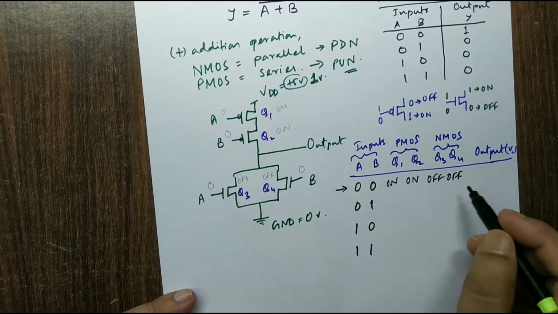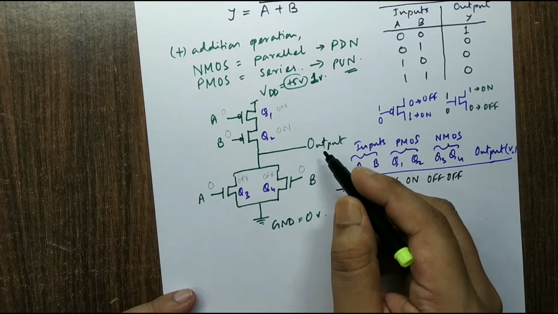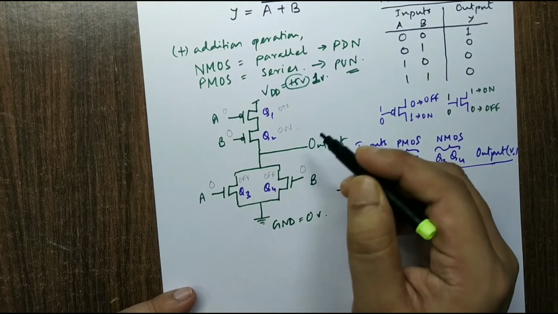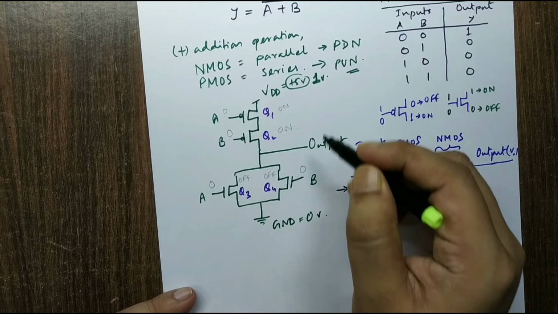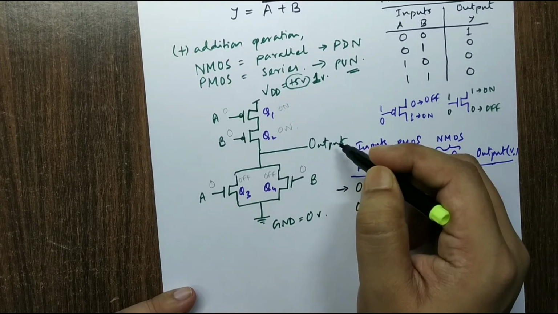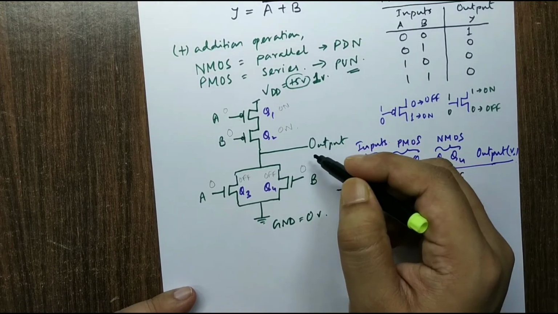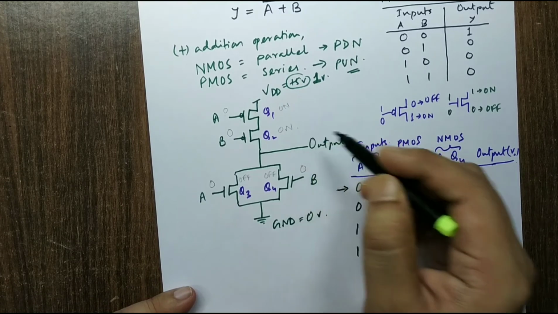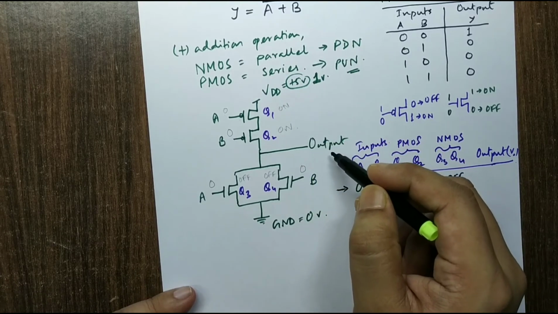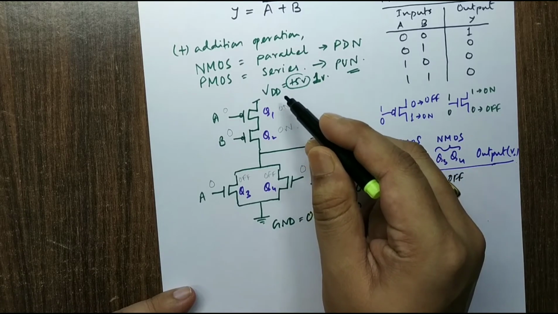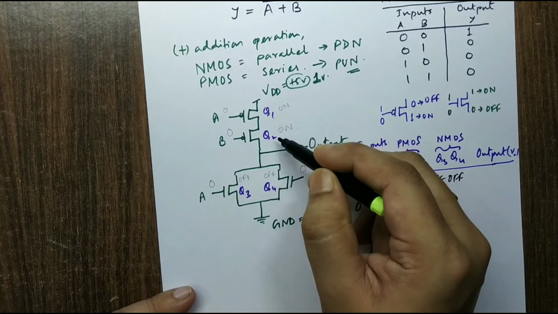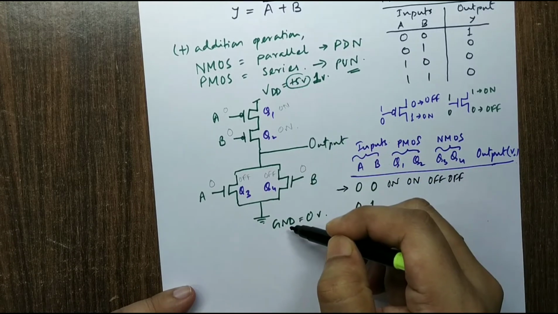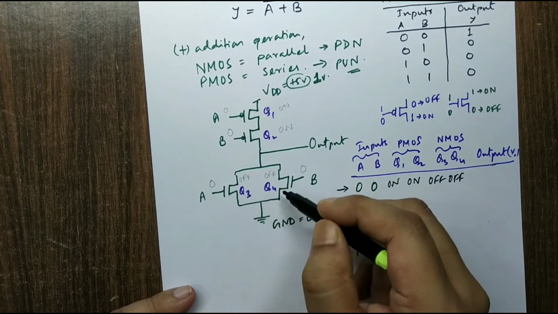So if it is so, then what output will I get? Very simple. You have to see that this output, which terminal it is getting connected with. Here both Q1 and Q2 are on, that means the output can easily be connected with VDD, that is supply voltage, through transistors Q1 and Q2, whereas that output cannot be connected with ground. Why? Because both the transistors are off.